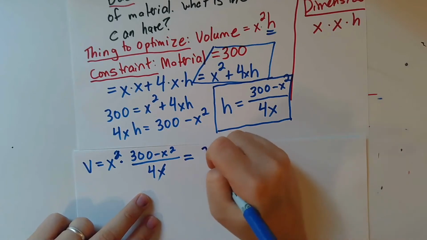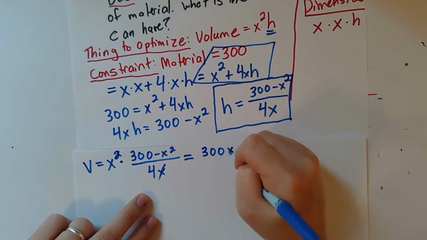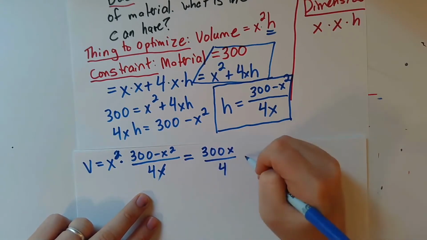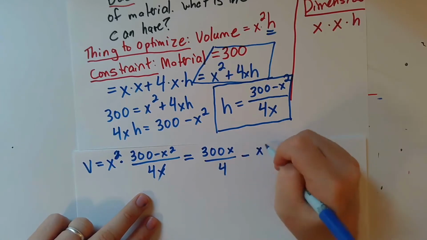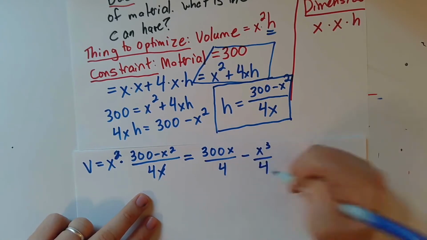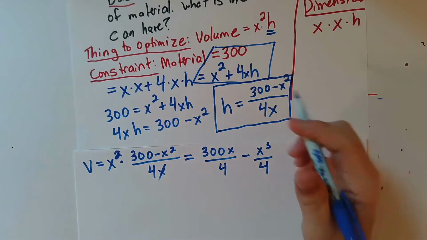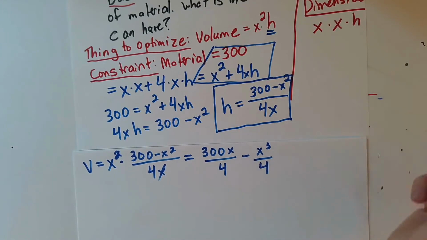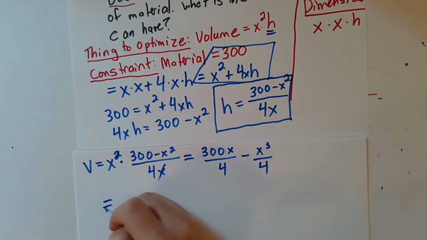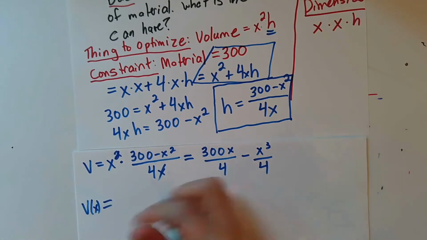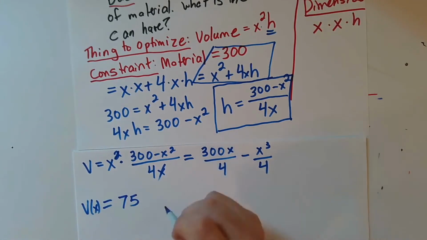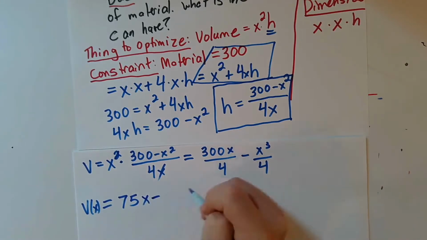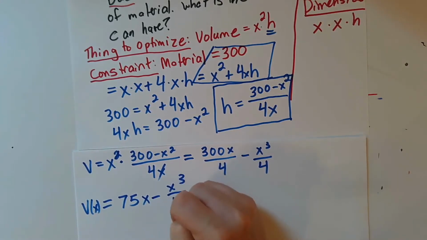And so I will have 300x over 4 minus x cubed over 4. And 300 over 4 is 75. So here is my V of x. It is 75x minus x cubed over 4.